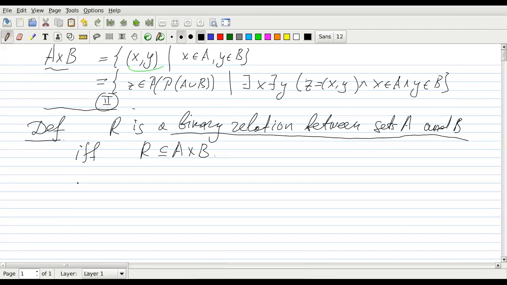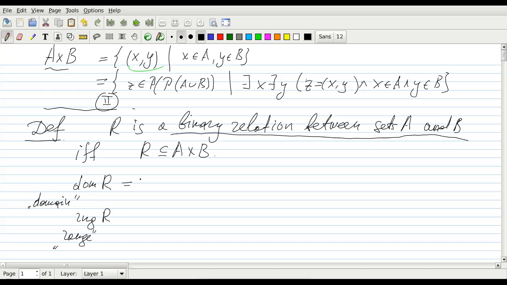So let's continue our definition, and for each binary relation, we define its domain and its range. These are two sets.